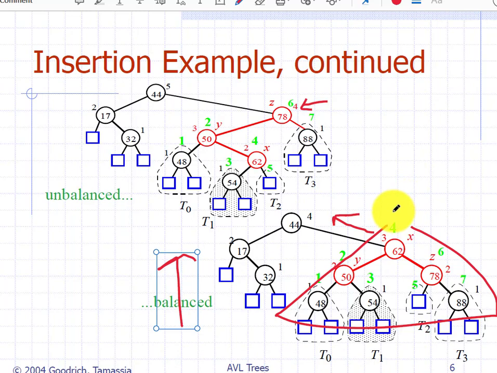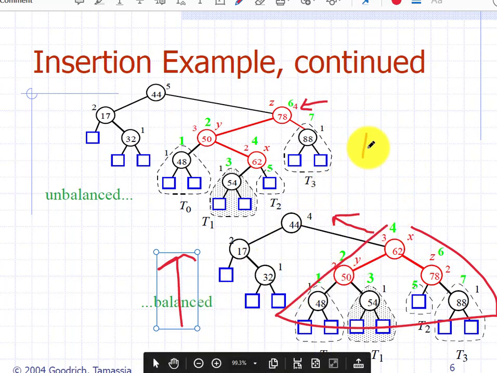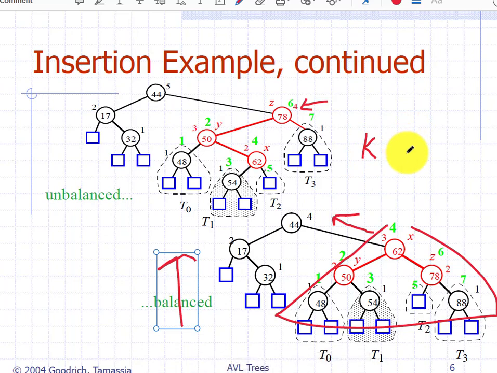If k is the amount of time it takes to perform a trinode restructuring, then you'll only ever need k log base 2 n, because you're only going to be restructuring with respect to the height of the tree. So this will be the cost of a complete restructuring: k times log base 2 n, where k is some small constant. K is just the number of restructurings you'll need to do, which is very small.